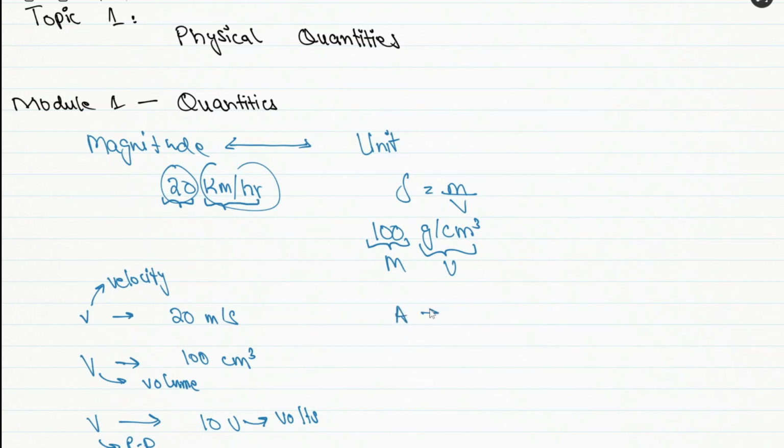A can be ampere, current, or A can be area, right? This can stand for multiple things, and you will realize this with the context of the question, but it's in your syllabus, so I'm going through it.